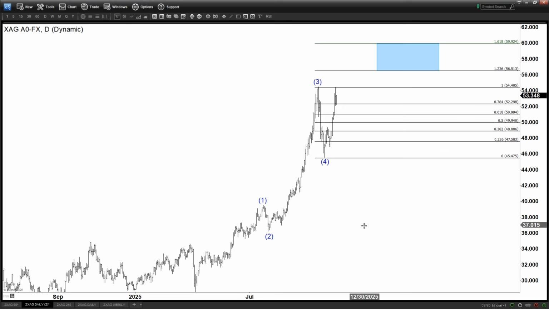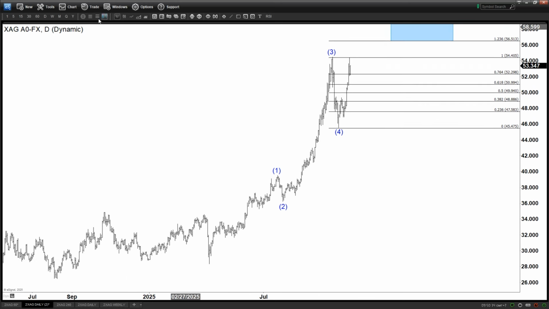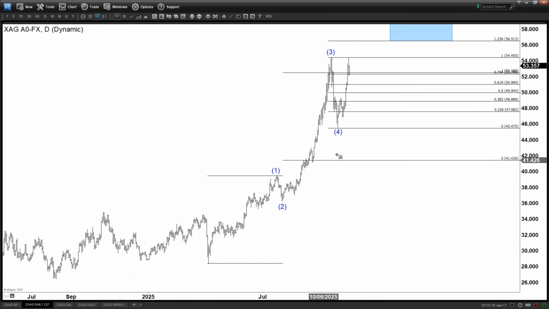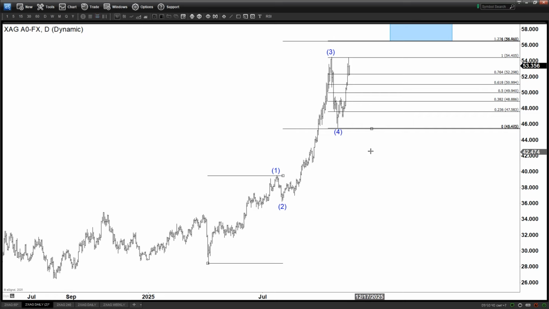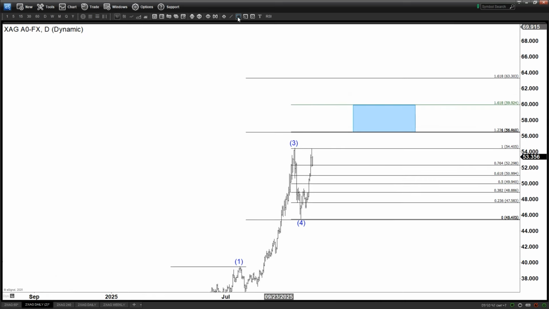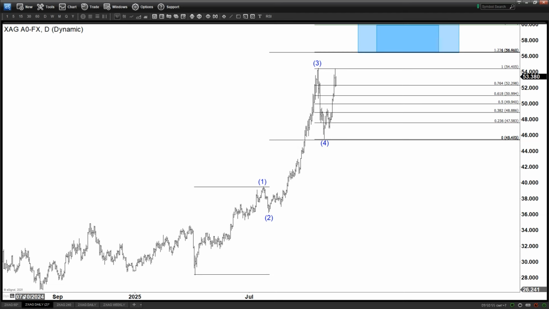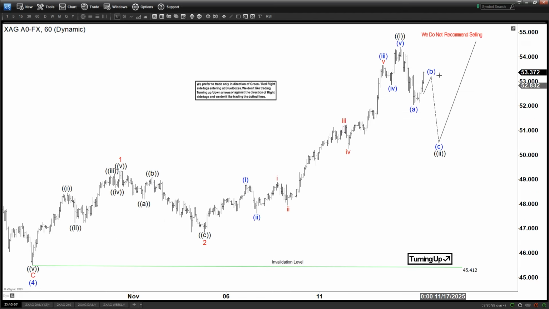Usually the minimum is 56.5. Another way, for example, is to measure wave 5 equal to wave 1. So you do it this way with 1, project it here, and then you take the 100% to 161.8%. Now, as you can see, if you do it that way, the potential target is the same, 56.5 or so as the minimum, all the way to 63.3. Okay, so that's the idea here, guys, for silver right now.